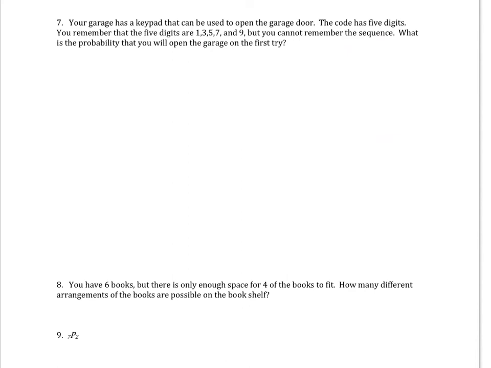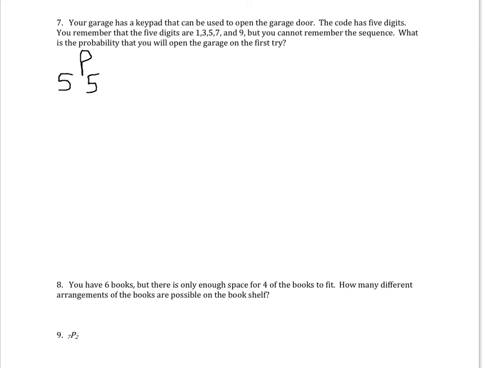Okay, so the first thing you have to figure out is how many possible numbers do we have to choose from? Well, we have 5. Does the order matter? Yes, so it's a permutation. How many of those 5 numbers do we need to pick? 5, because we need to figure out the total possible number of combinations.